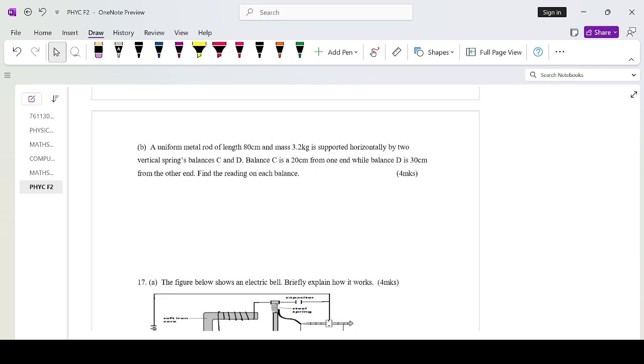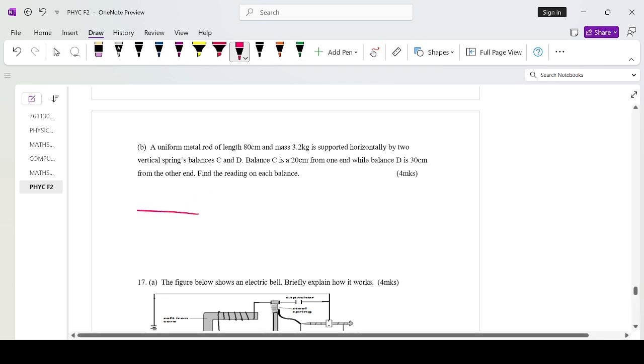So let's first start by getting the sketch. I'm having a metal rod with me. This is my metal rod. This metal rod is being balanced by some springs.